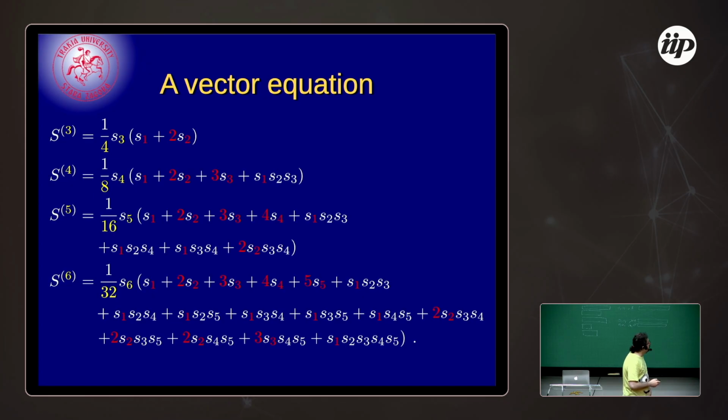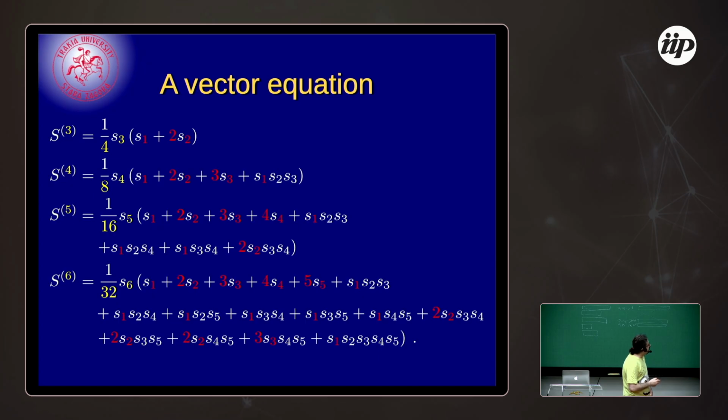Okay. And now look at this expression here, the one that separates the variables on the right-hand side. There are these little polynomials inside here. When the first variable is S1, the factor in front of S1 is 1. When the first variable is S2, the factor is 2.